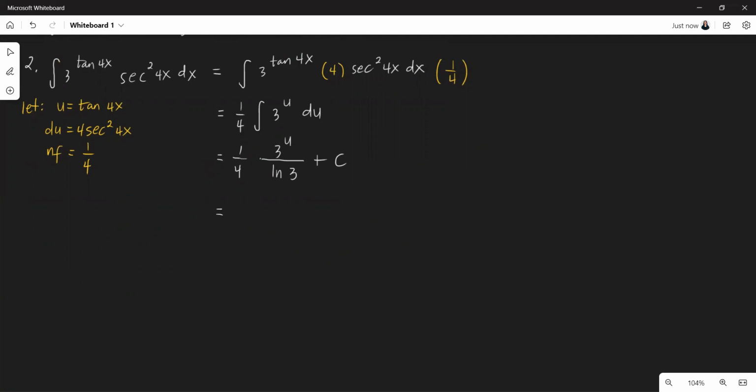So we have 3 raised to the power of tangent 4x over 4 ln of 3 plus c. So this is now the final answer. So the integral of 3 raised to the power of tangent 4x times secant squared 4x dx is 3 raised to the power of tangent 4x over 4 ln of 3 and then plus c. All right.